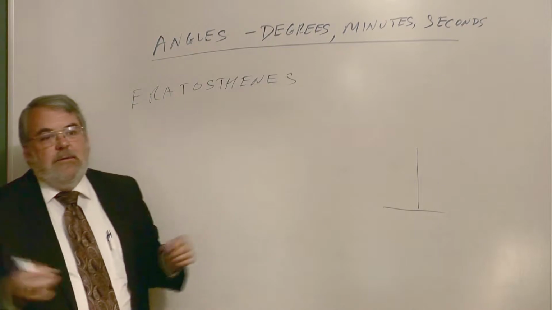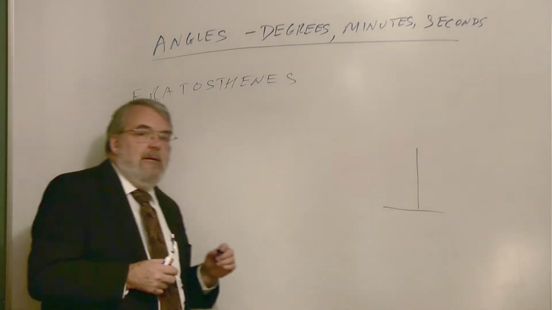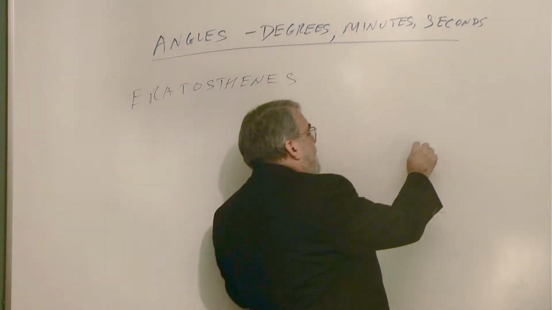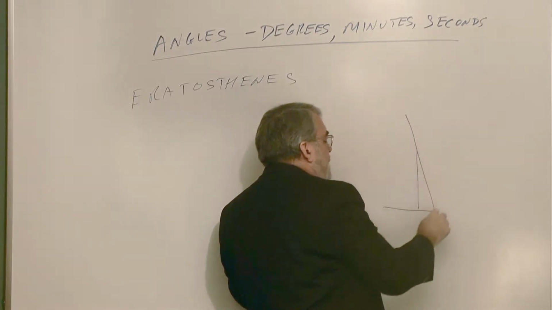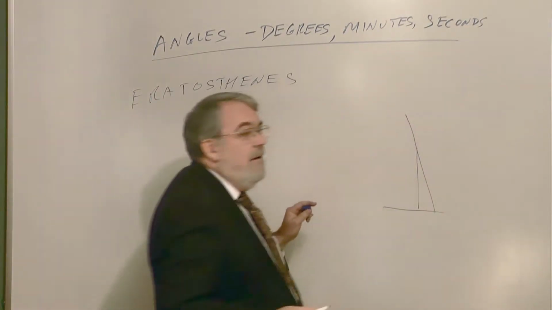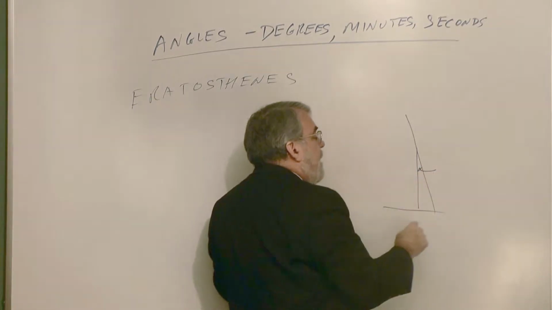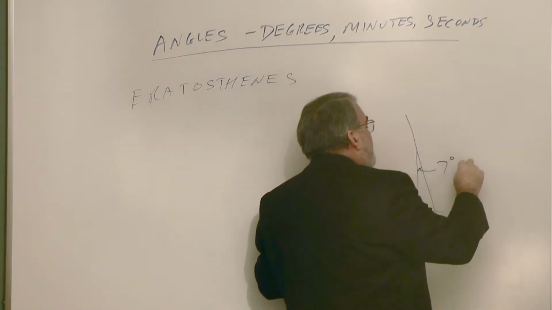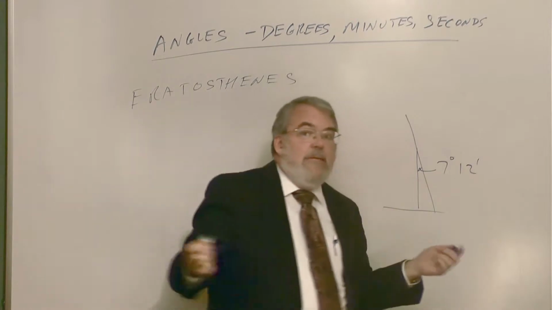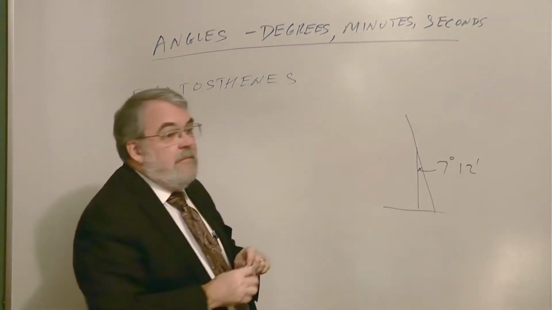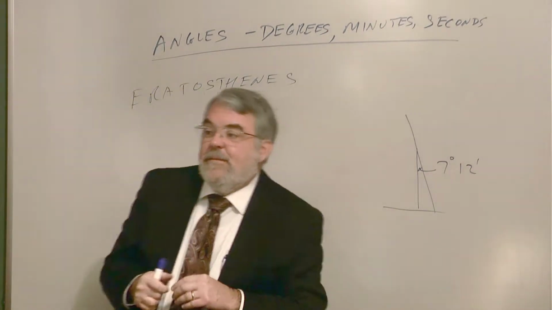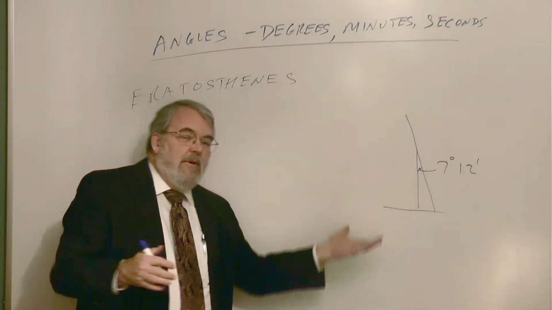So that time of year came, and when he put a pole in the ground, it did cast a shadow. The shadow angle, if you look at this angle here, that angle was 7 degrees 12 minutes. He measured it, 7 degrees 12 minutes. So our first challenge is, what in the world does that mean?